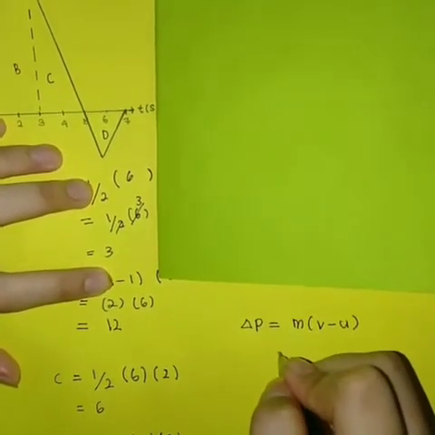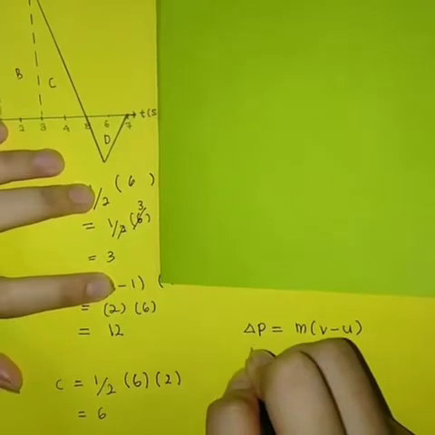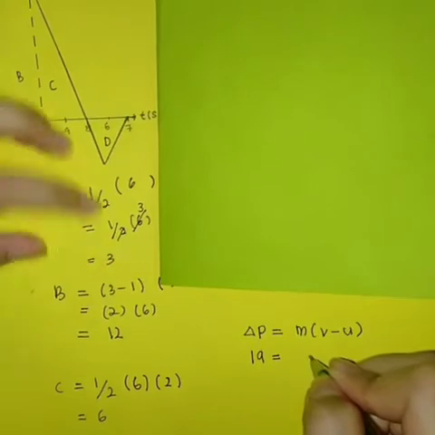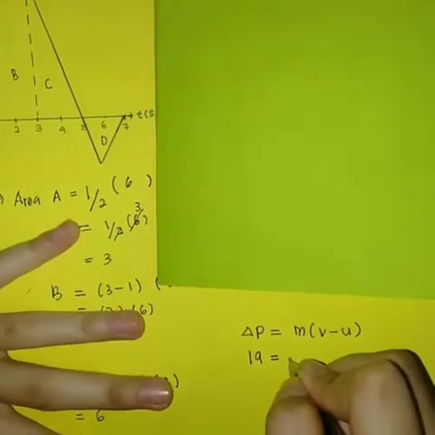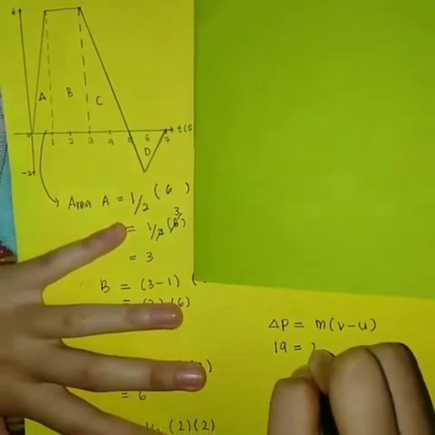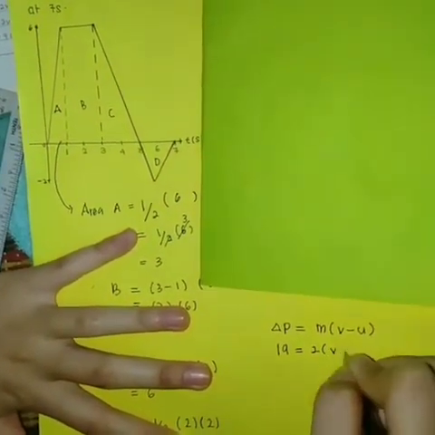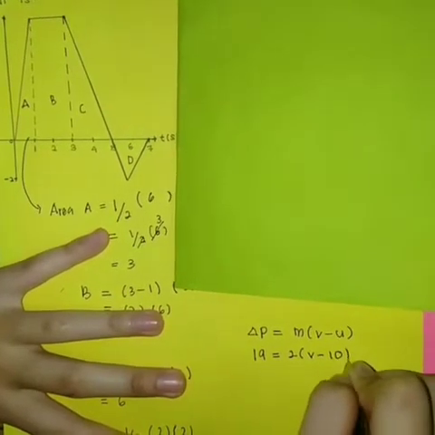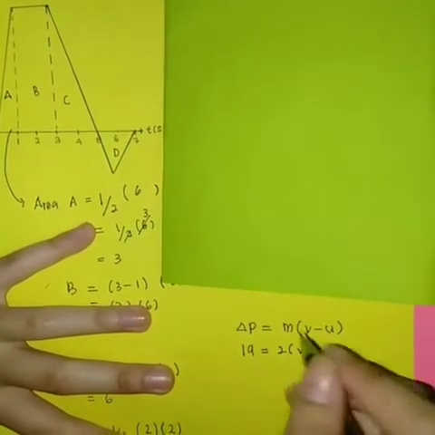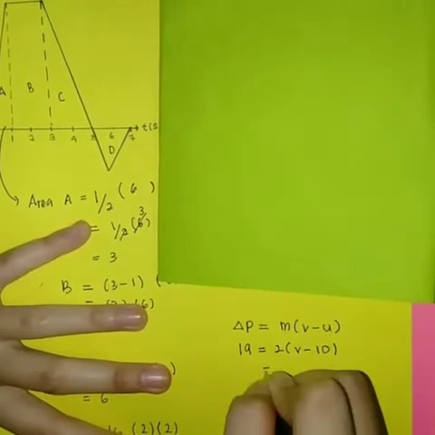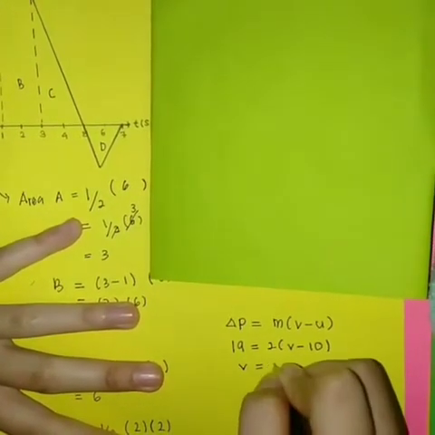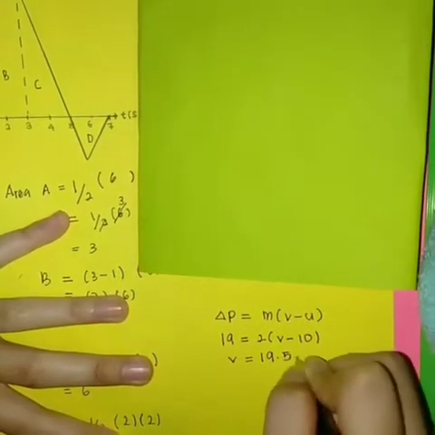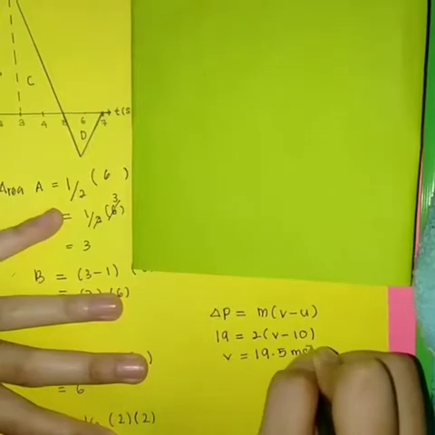So we get this, we get 19. So m is 2 kg, and minus 10. So we get v equal to 19.5 meter per second.